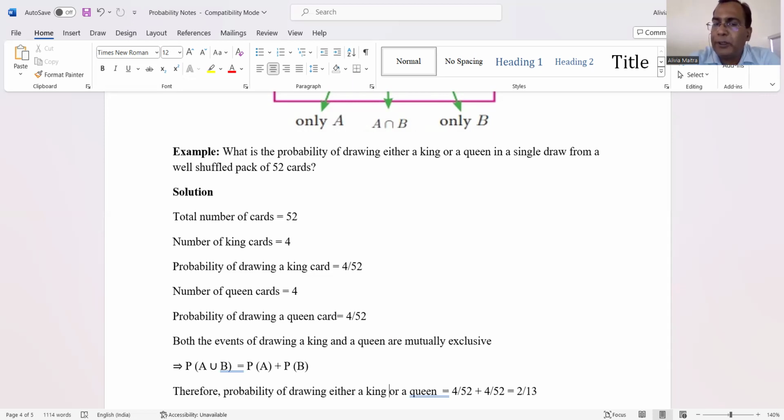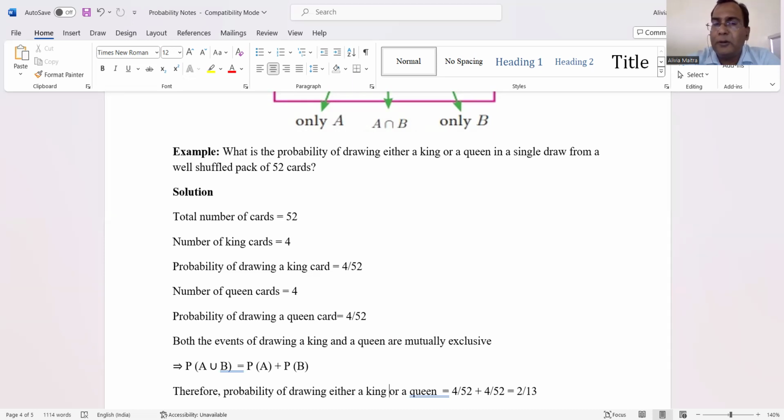So 52 possibilities are there and 4 king cards are there. So ultimately the probability for drawing a king card is 4/52. In a similar way, the probability for drawing a queen card from this well-shuffled pack of cards is given by 4/52.